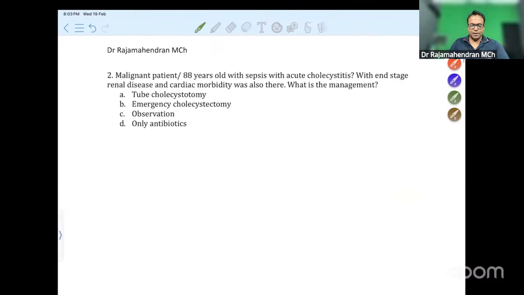The second question: a malignant patient, 88 years old, with sepsis, with acute cholecystitis, with end-stage renal disease, and cardiac morbidity was also there. What is the management for this case? This is a case of Tokyo guidelines.